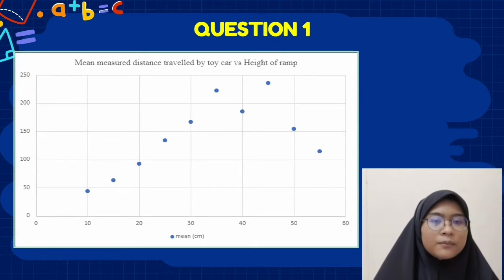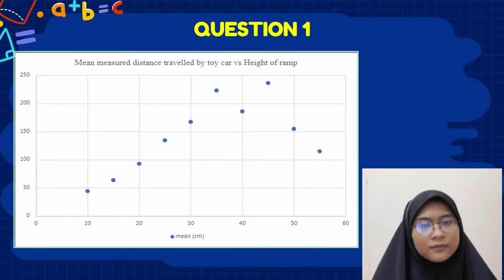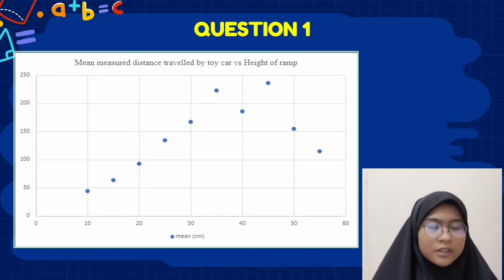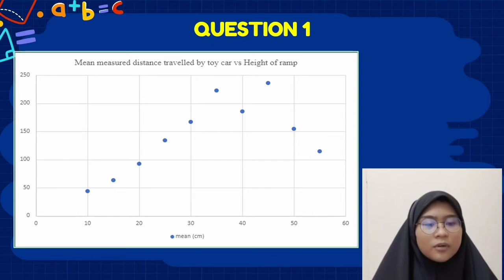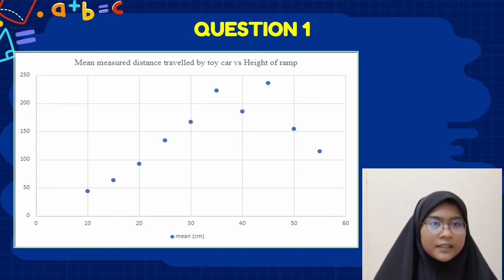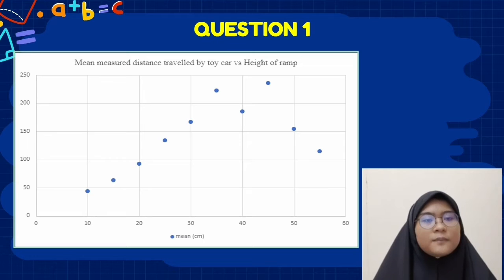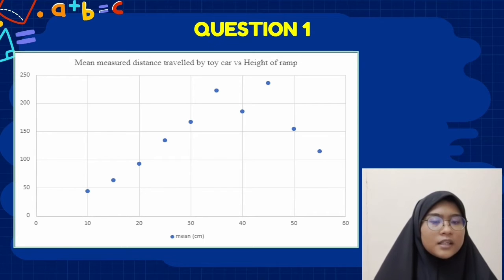So in order to find the average of the data, we have to sum all of the 3 data that we collected and divide by 3, because the formula to find the mean is to sum all of the data that we collected and divide by how many times we repeated the experiment.